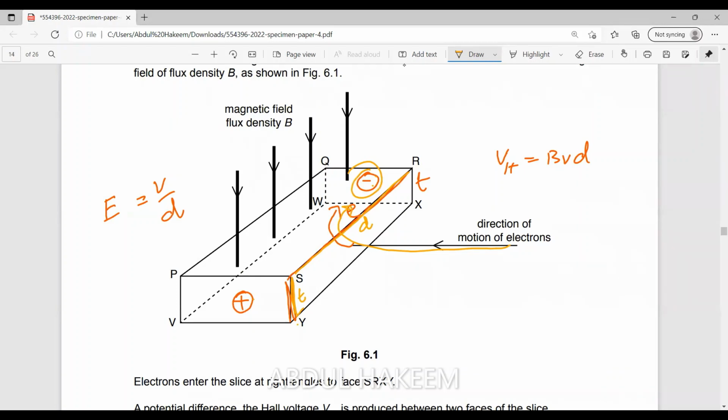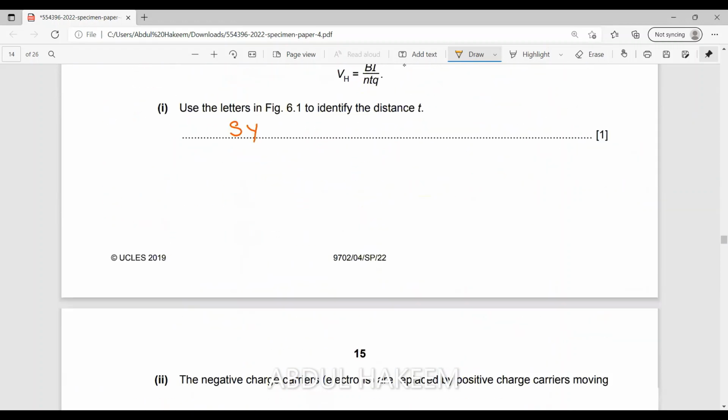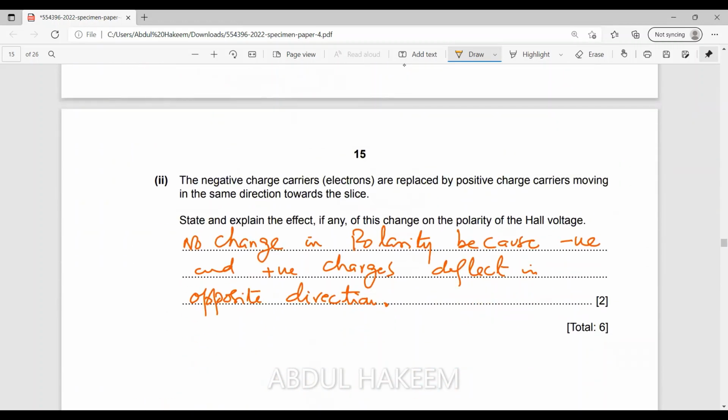When the positive particle, suppose an alpha particle, is traveling in this direction, it will be deflected in this direction, so it becomes positive. So deflection will be opposite, but no effect on the polarity. This remains negative, this remains positive. So we will write here, no change in the polarity because negative and positive charges deflect in the opposite direction.